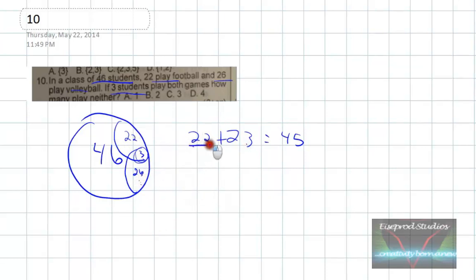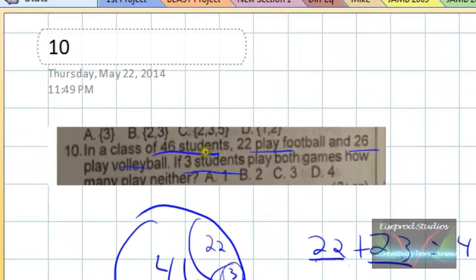So we'll leave the 22 by itself and assume that those 3 students are accounted for here. Then we'll subtract 3 out of 26 to get the other 23 students on that team. 22 plus 23 is going to be 45. So that means that only one student is not included in either of the sports. So your answer is A.